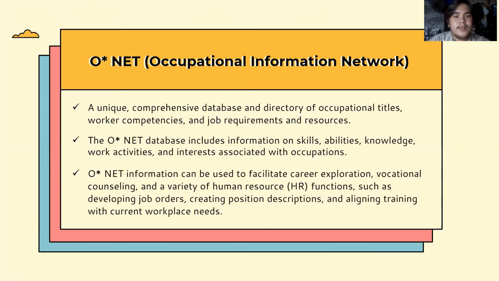So it means job seekers can use it to find out which jobs fit with their interests, skills, and experience, and to identify the skills, knowledge, and abilities needed for their dream job.